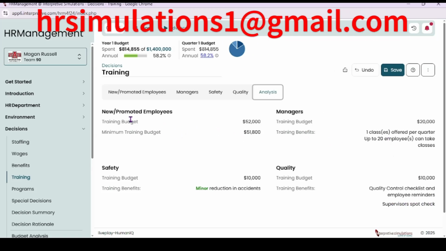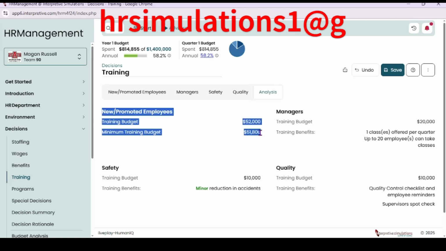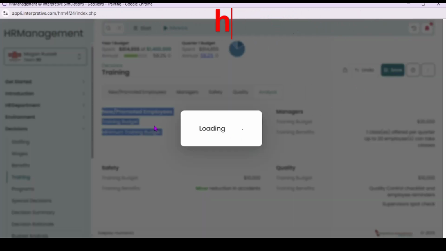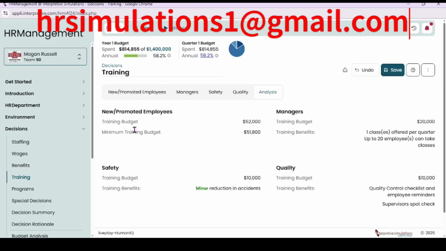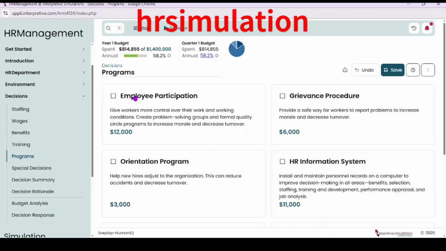So for this, actually we are matching with what we need, because we need our new workers to be trained very well so that they can be able to work in our company. So I'll have to save this decision because we have already invested under the new employee training. Next is the programs.